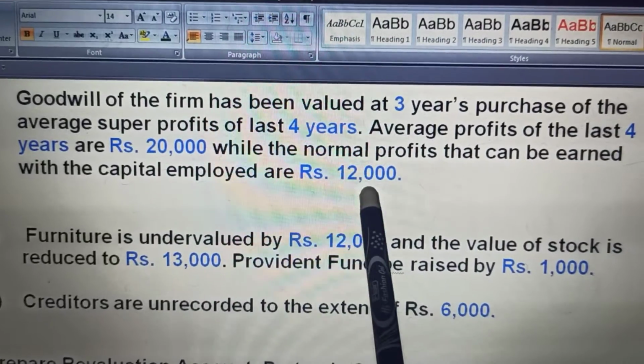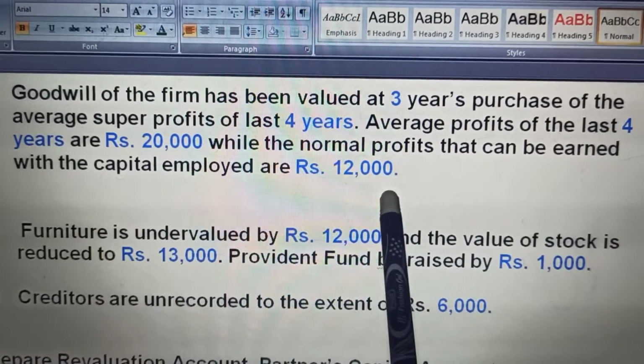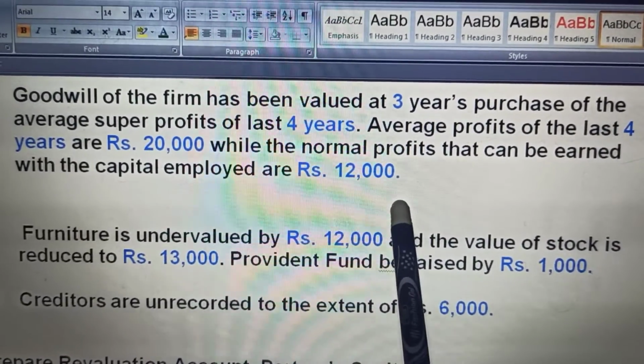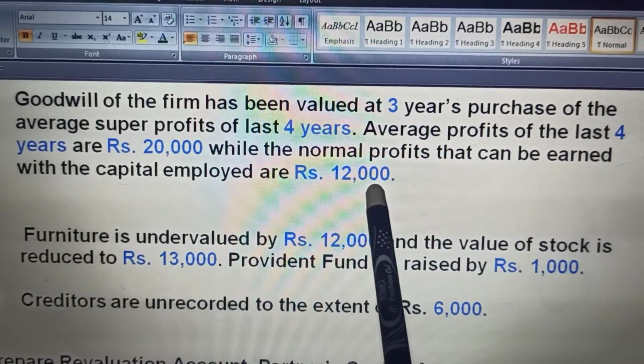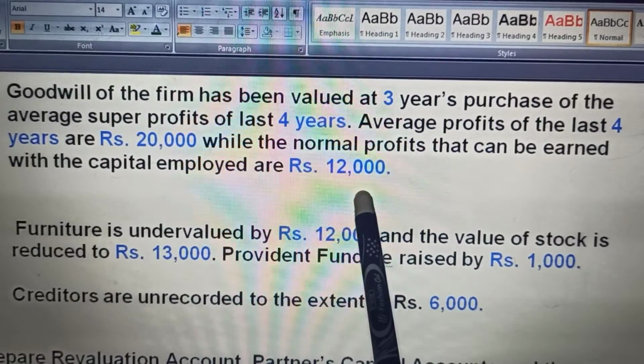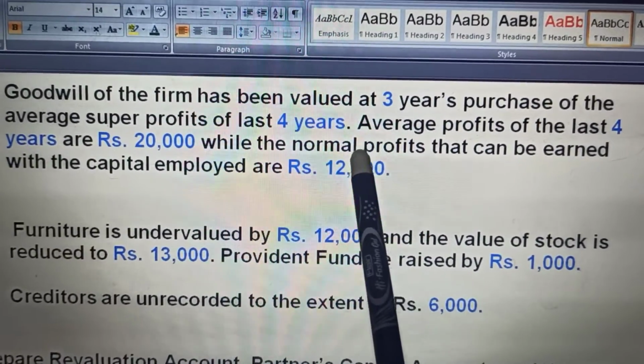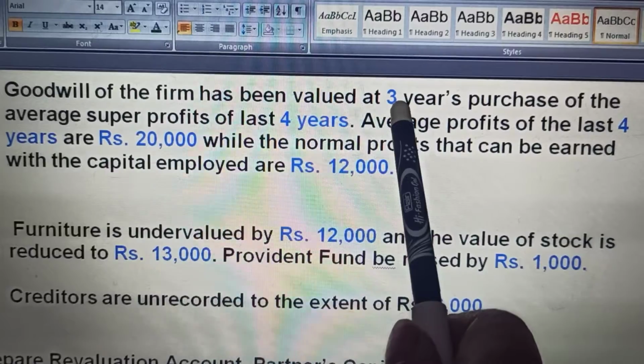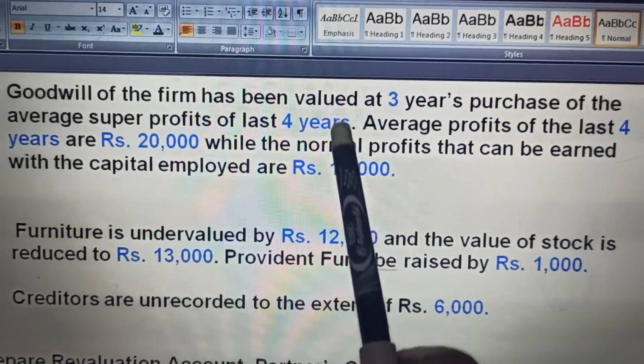Average profit, normal profit. We can find out the super profit out of this: what we have earned, what the business normally earns. So what is the extra profit, the super profit? We can find out the super profit, and super profit into 3 years purchase will be the firm's goodwill.